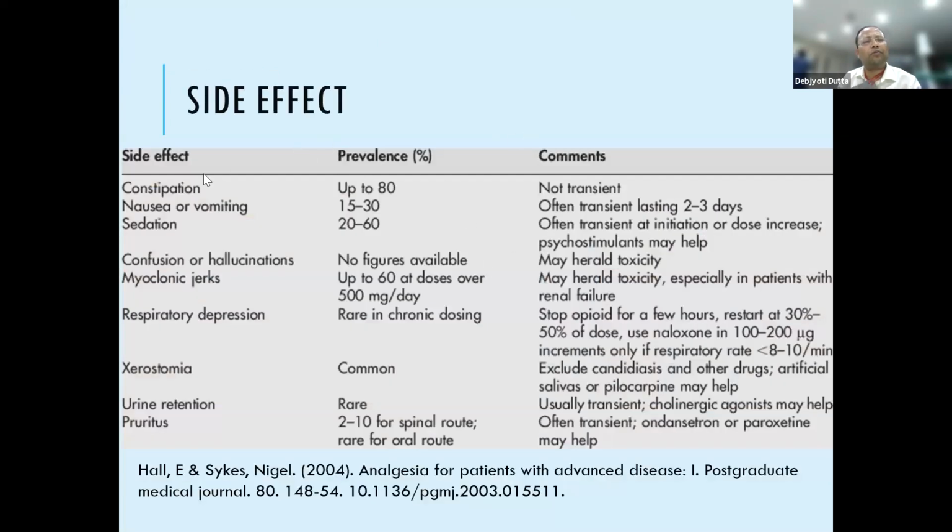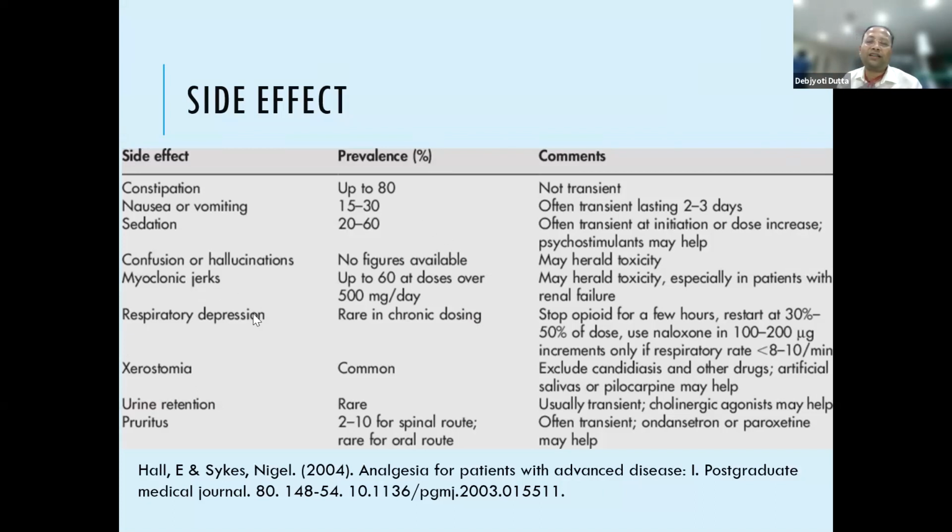Side effects: opioids have many side effects, nausea, vomiting, constipation, sedation. These are all important side effects we get very commonly. Respiratory depression is the most dreaded side effect of opioid use. Always remember, a patient does not suddenly develop hypoxia.